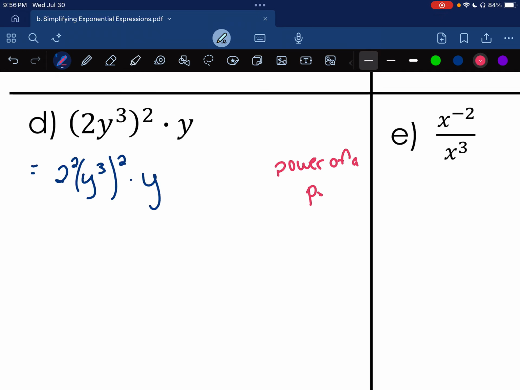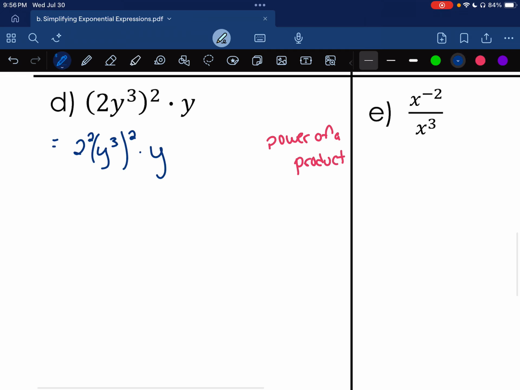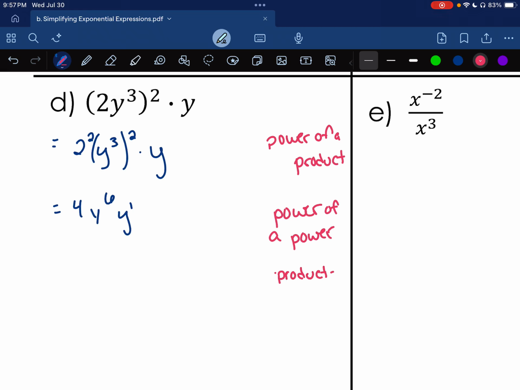This will be y to the 6th. Anyone know why that was? Because I used power of a power, or power to a power, however your teacher says that. And now we're going to do a product of powers, where we're multiplying those bases. So this will become 4y to the 7th.